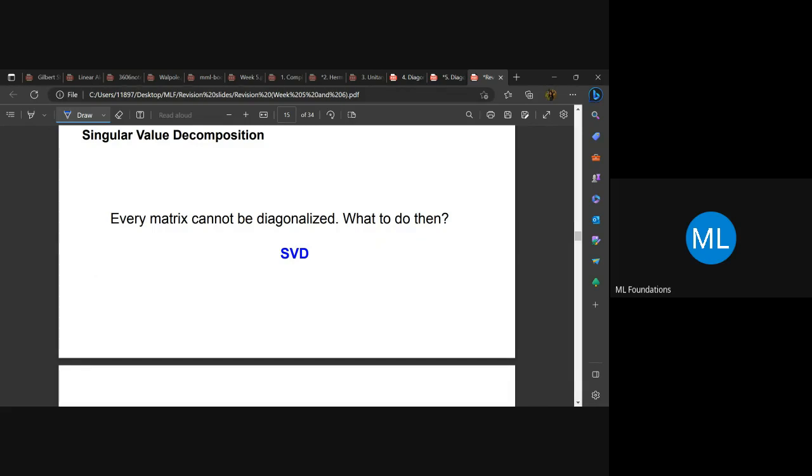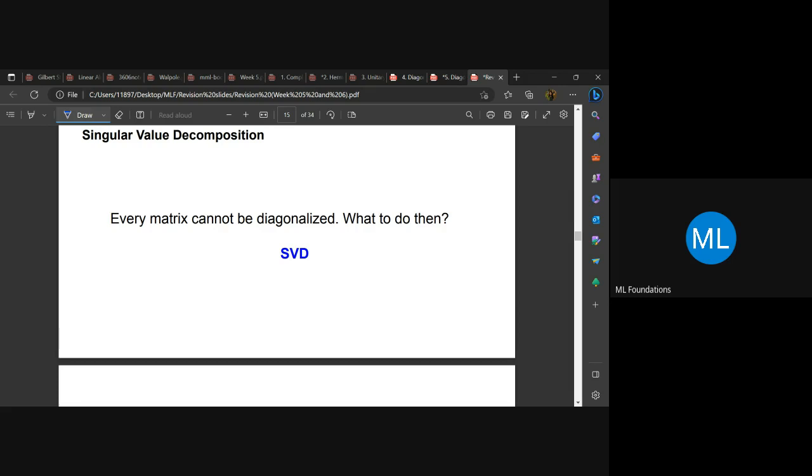So what we have seen in SVD, we looked at the diagonalizable part only for the symmetric matrices, and we had seen the decomposition of those matrices. But what happens if your matrix is not diagonalizable?